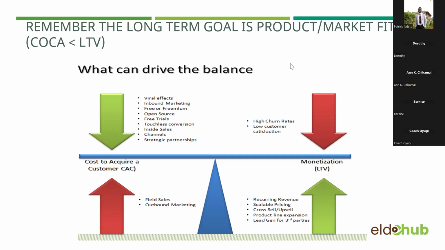And then the lifetime value of your clients simply means how much money you get once these clients become converted, or become part of your database.